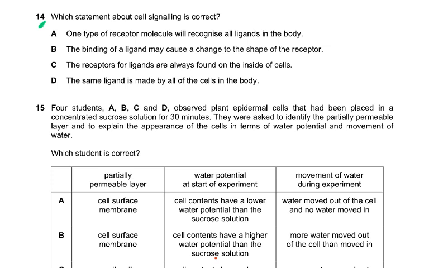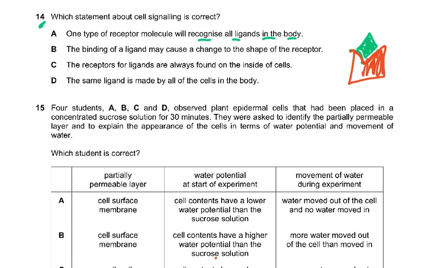Question number 14. Which statement about cell signaling is correct? One type of receptor molecule will recognize all ligands in the body. Well, you've got to understand that a ligand is a cell signaling molecule. It would have very specific receptors with a complementary shape to them.